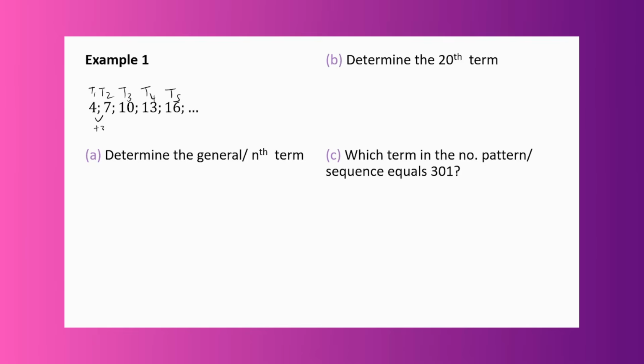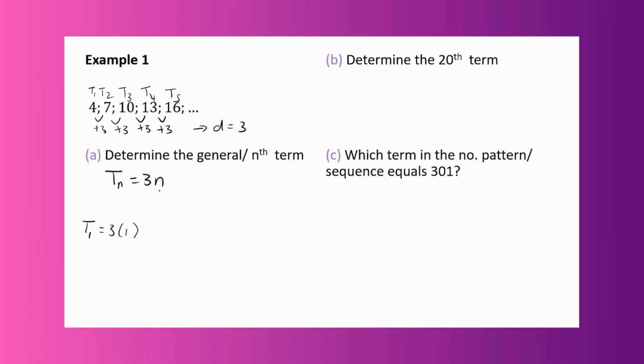Okay, this is the same one as earlier. We are adding 3 every time. So from this, our constant difference is 3. So one of the ways, if you want to do it more with inspection, is you know Tn, because they're asking for the general term or nth term, is going to be 3 times n. But let's, for example, take T1.